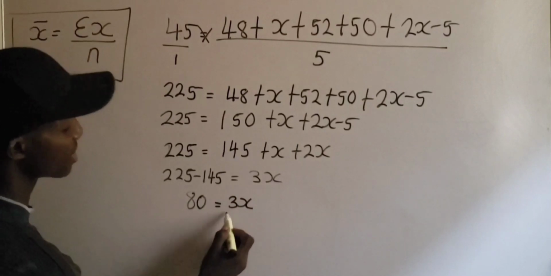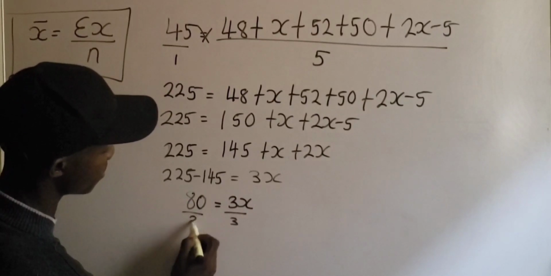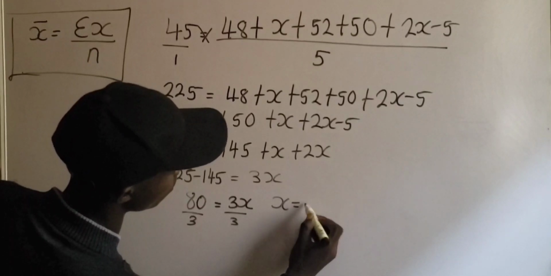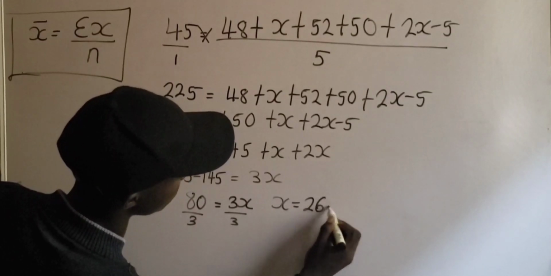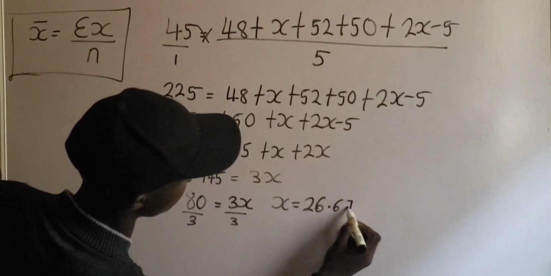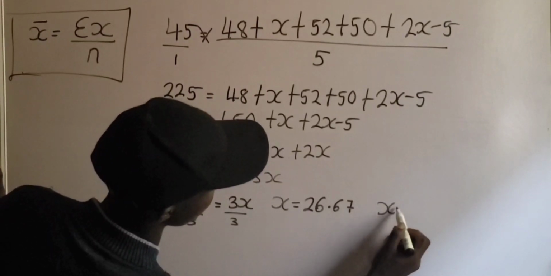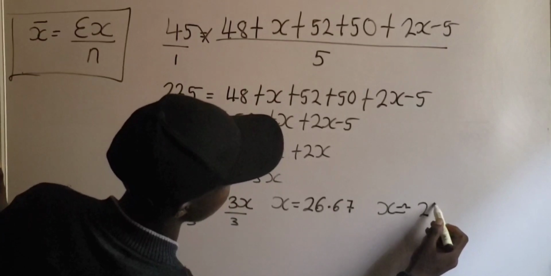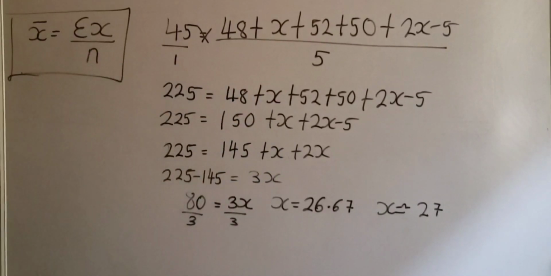If you divide both sides by 3, x is equal to 26.67. So x is approximately equal to 27. You understand? So the value of x is 27. Now let us go back to the question.